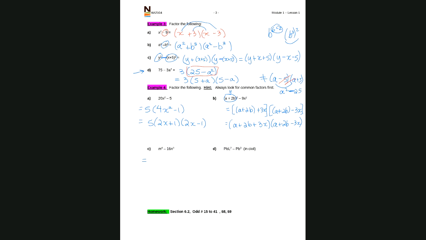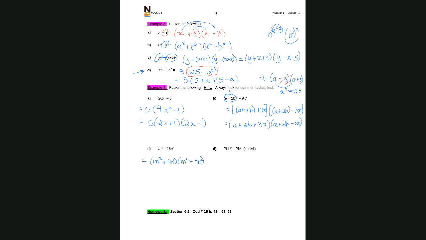For C, now we have to completely factor this. There's going to be two different kinds of factoring. M squared times m squared is m to the 4, and 4n squared times negative 4n squared is negative 16 n to the 4.